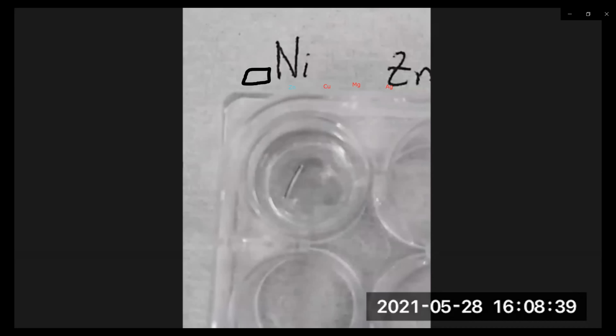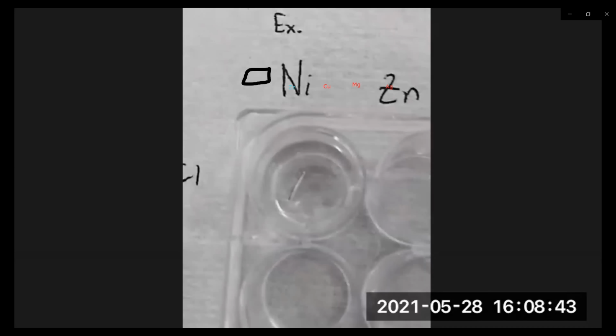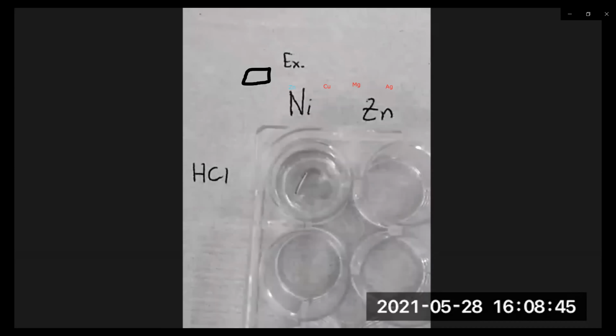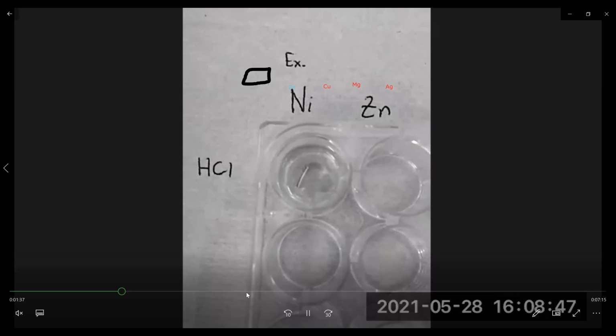Now, don't be alarmed if this takes a couple of minutes. It may not happen right off, right as you add it. So you may have to wait 5 or 10 minutes and come back and observe it further.